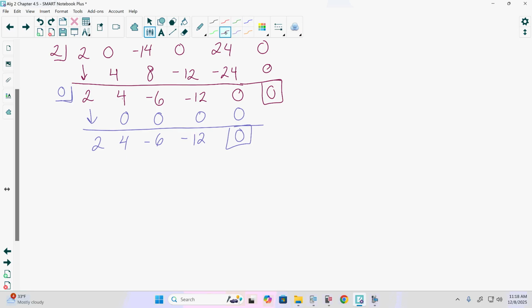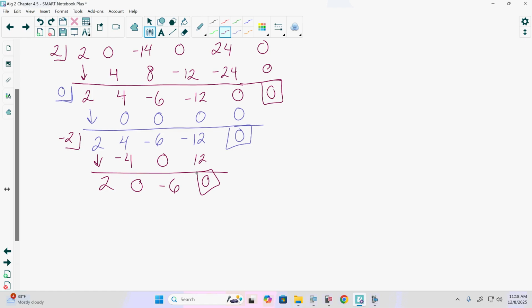And the last value that we found was -2. -2 times 2 is -4. 4 plus -4 is 0. -2 times 0 is 0. -6 plus 0 is -6. -2 times -6 is +12.